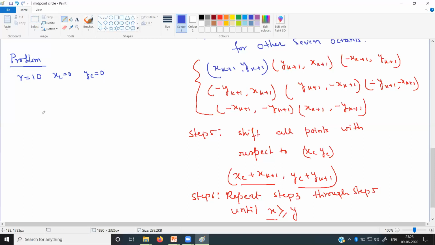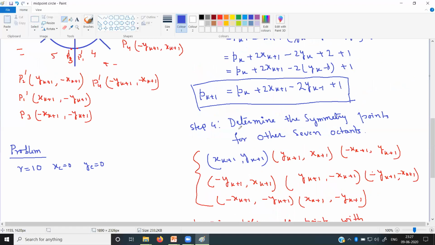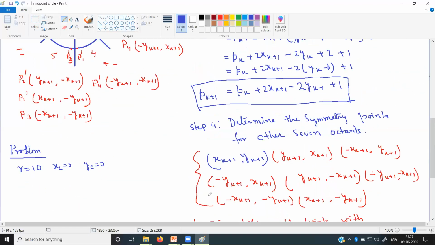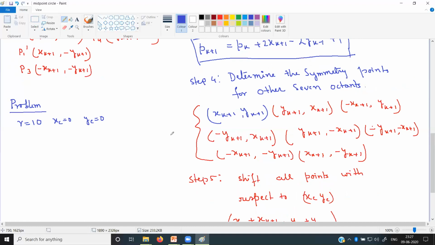Okay, another thing I forgot to mention: in step 5, you will shift all the points with respect to the x coordinate and y coordinate. But those new x, y values will not be used to compute the decision parameter p of k plus 1. The decision parameter will be calculated based on the x value and y value which we got in step 4.